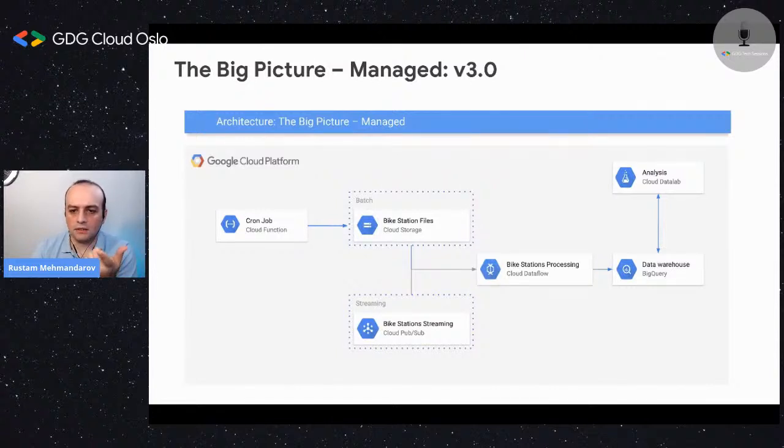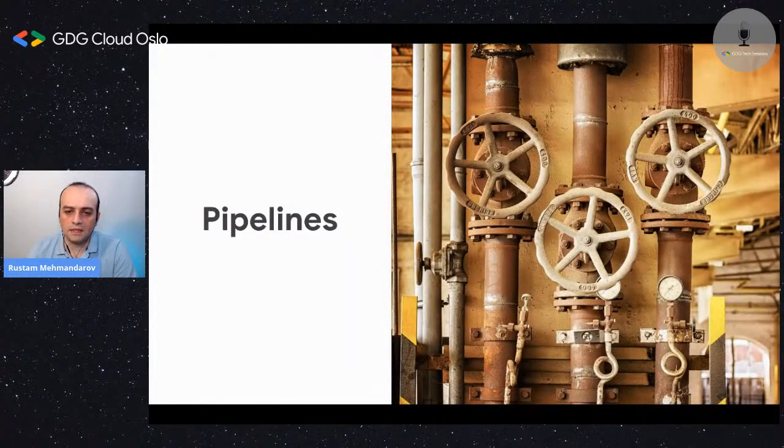When I was creating that, there was no cron on Cloud Functions, so I had to cheat a little bit with another piece, but now it works without that, so it's even easier. Then you can store the files in the way you want, and then you have a managed version of that Dataflow thing that wakes up, processes it and puts it in the right place. So that's the concept, right?